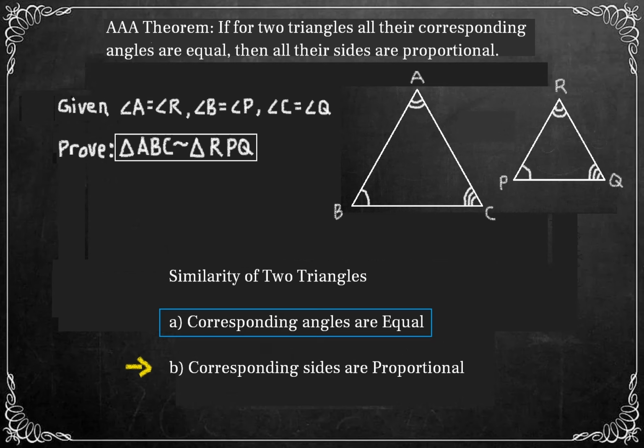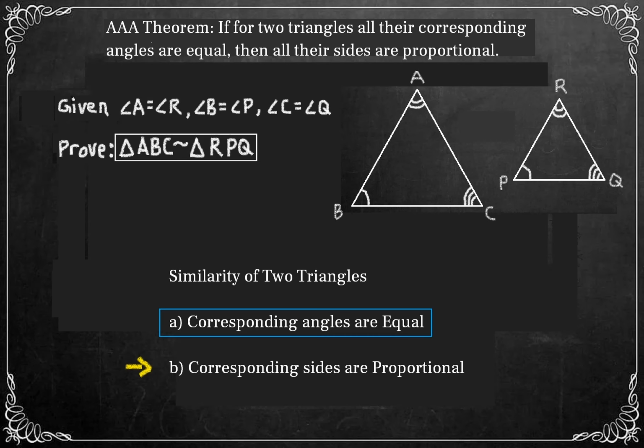The theorem states, if, for two triangles, all their corresponding angles are equal, then all their sides are proportional. For the following two triangles, we are given angle A equals angle R. The same can be said for the other corresponding angles.